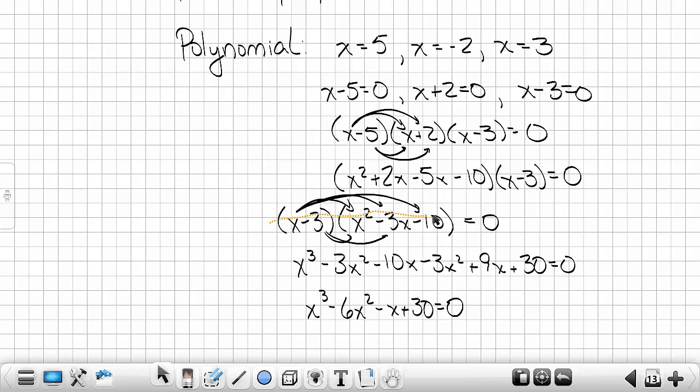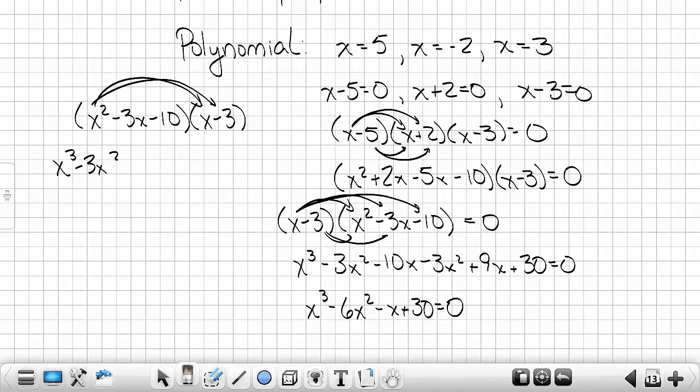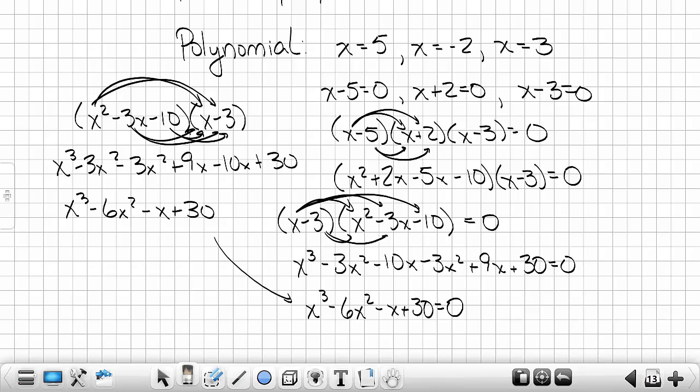If I had decided instead to multiply this way, if I left it on the right-hand side, I could have done this. Right? Combine like terms. And I get the same thing. Doesn't matter which side it's on.